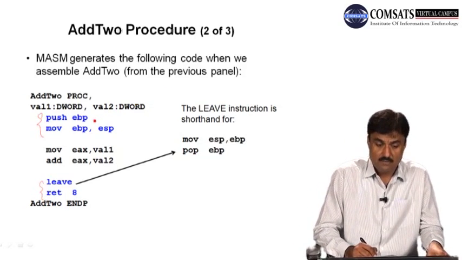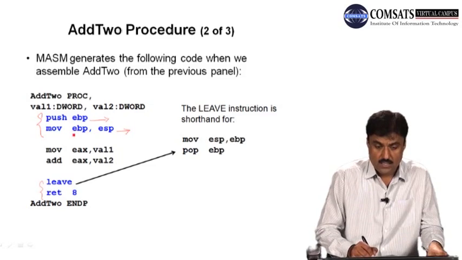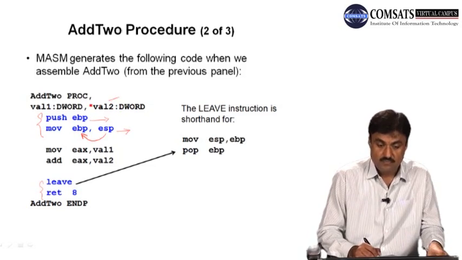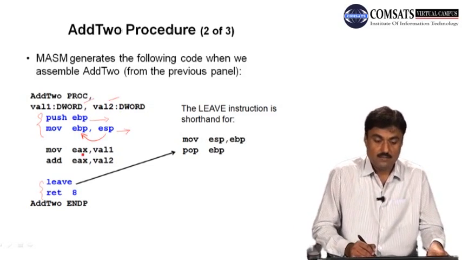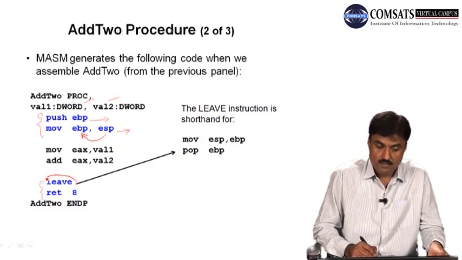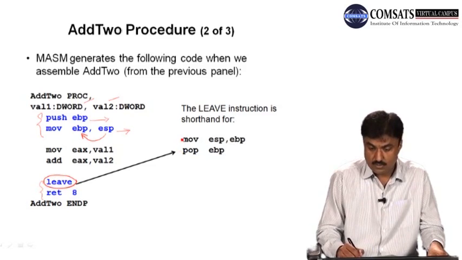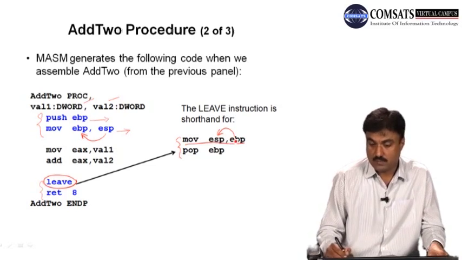First, it will have push EBP, and then EBP is assigned the new value of ESP, so that we can access these 2 double words, val1 and val2. And then in the end we will have to pop. This leave instruction is similar to mov ESP, EBP. So ESP is assigned the previous value, whatever the previous value was.